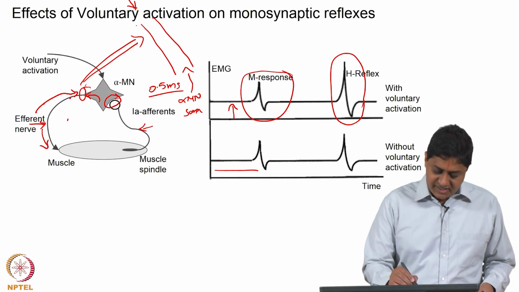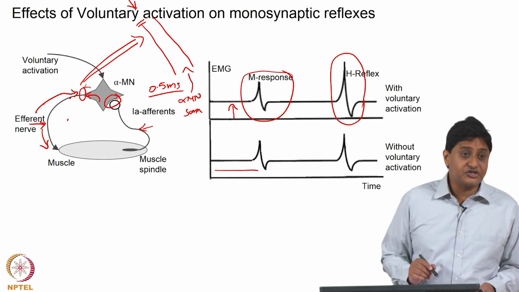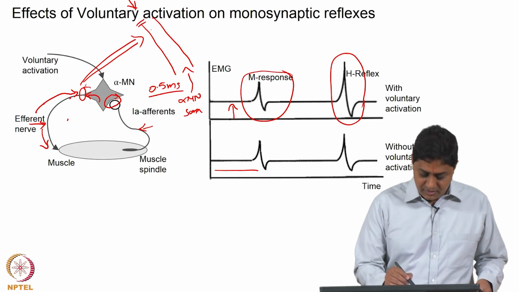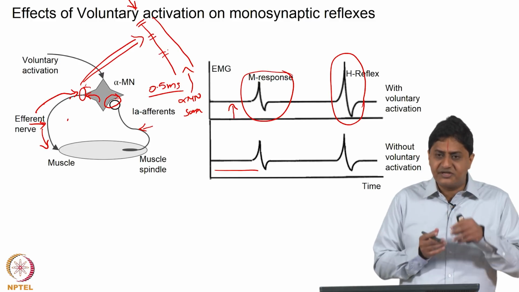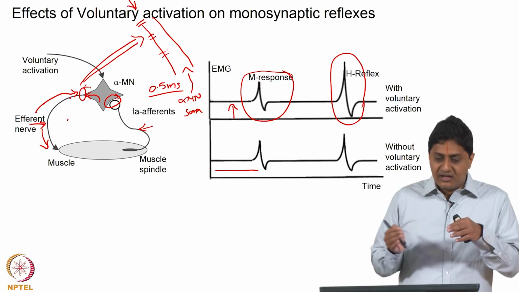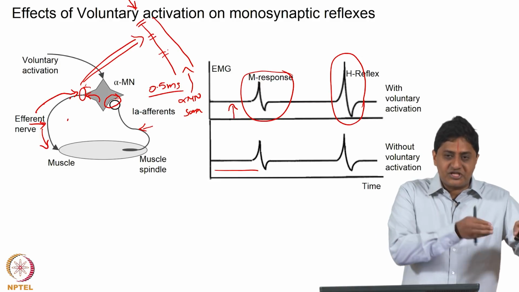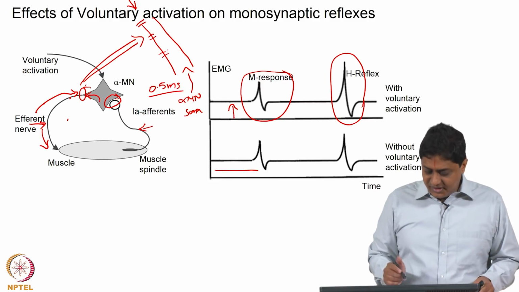Suppose that is a voltage gated sodium channel. Several strategically placed voltage gated sodium channels are present, which cause the propagation of the action potential, as we have seen.